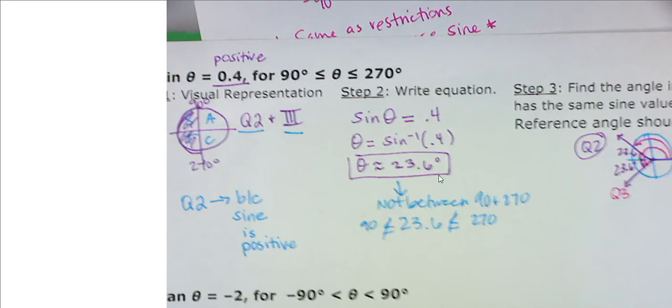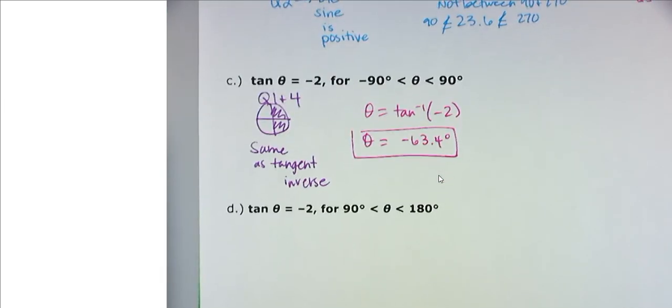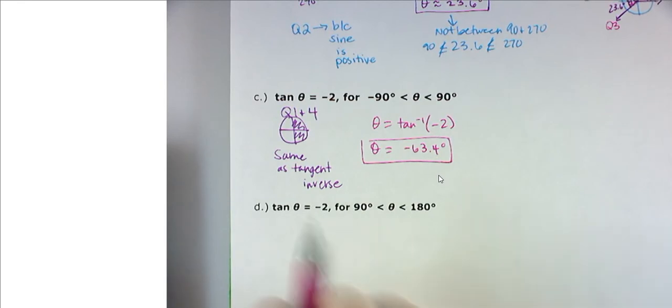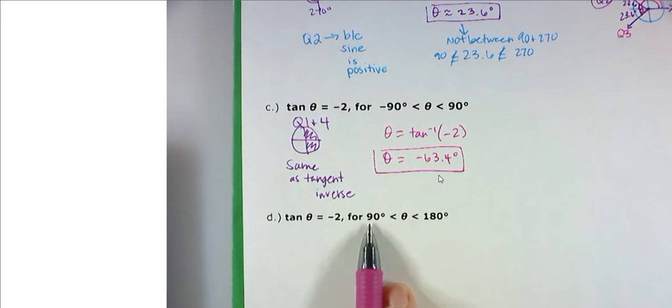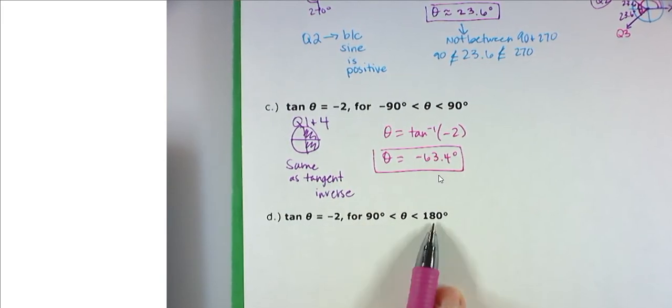Okay, so D, again, same equation, but now we're looking for this in between 90 and 180. So between 90 and 180 is only one quadrant. So we know that we're looking for this in quadrant 2.